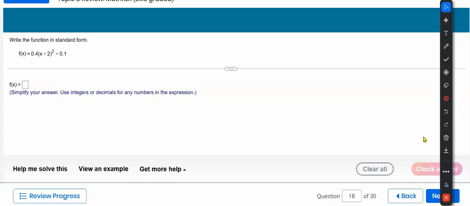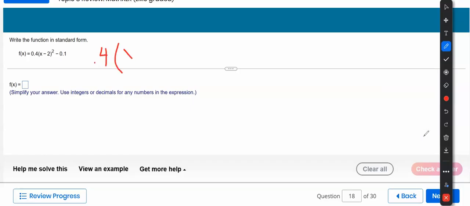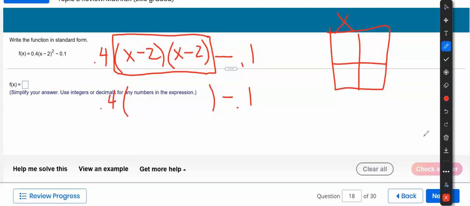Write the function in standard form. Okay, what do we do first? The x minus 2 squared. That's right. So focus your attention right there. So it would be 4. If you need to do a box on the side, do a box on the side.